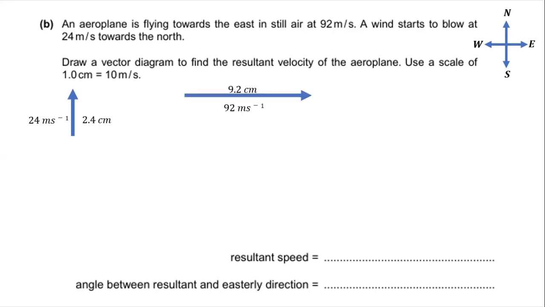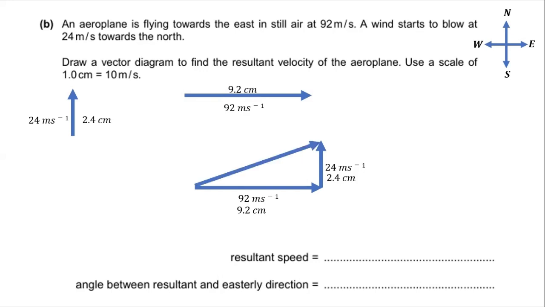And to the east side we draw a line arrow of 9.2 centimeters, which represents 92 meters per second. Now we take that 9.2 centimeter arrow and keep its head on the tail of the 2.4 centimeter arrow. Now we can complete that side by drawing the resultant.